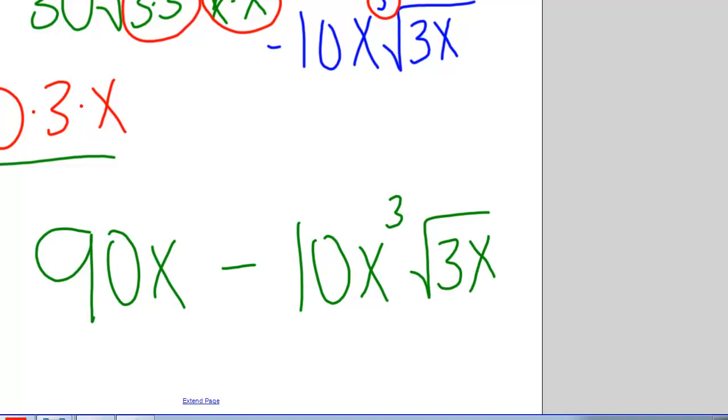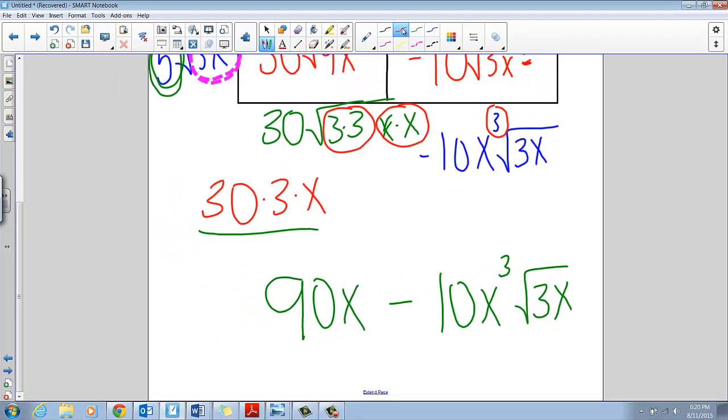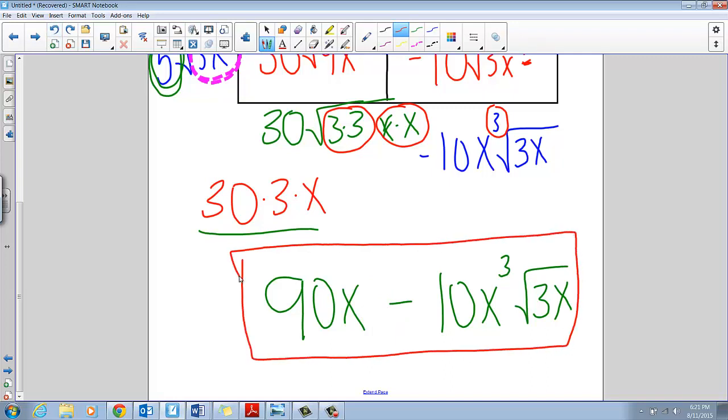And a lot of us have the tendency to want to combine these together using some form of witchcraft, some form of wizardry, but we need to recognize that they cannot be subtracted, because this has a radical of root 3x, and this has no radical, so there is no way that they will be able to go together. This is our final answer, and we can leave it as is.